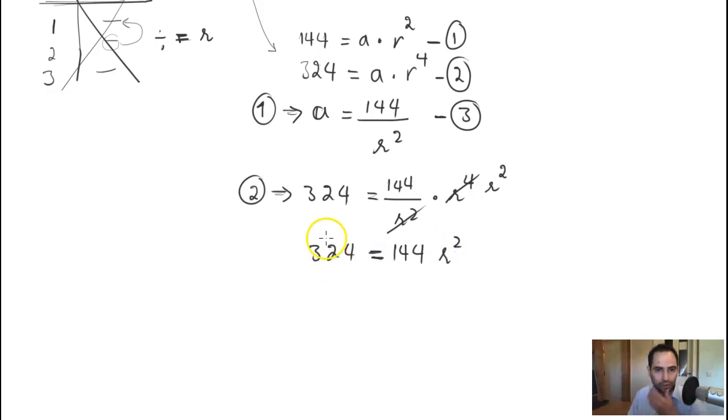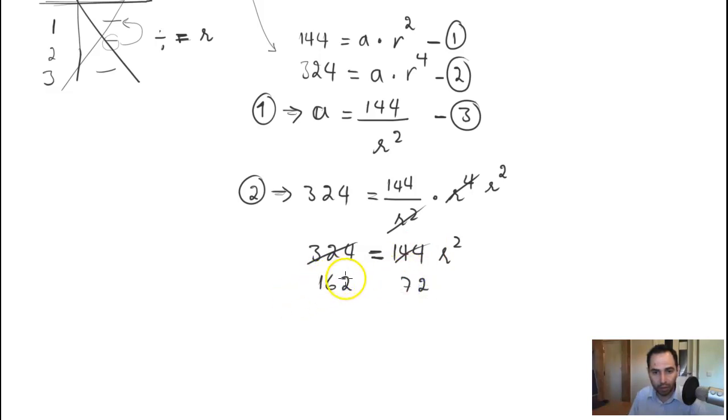Then you need to simplify this. So this divided by 2 becomes 162, and 144 divided by 2 becomes 72.